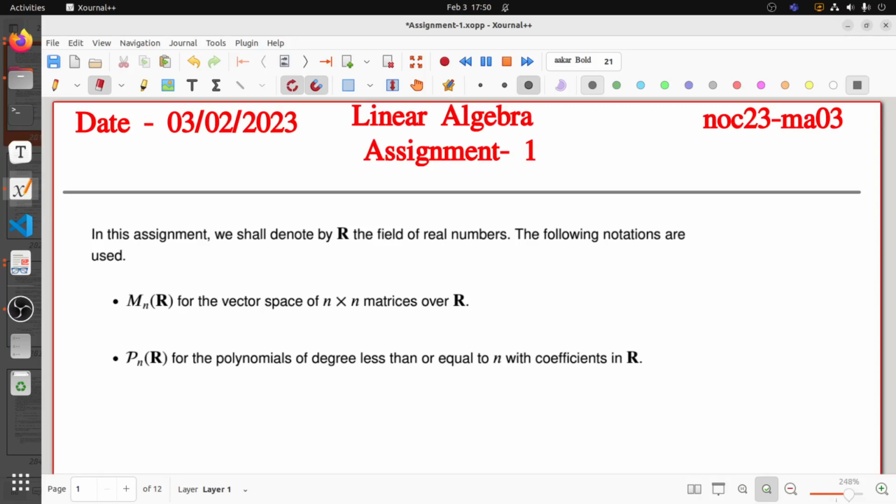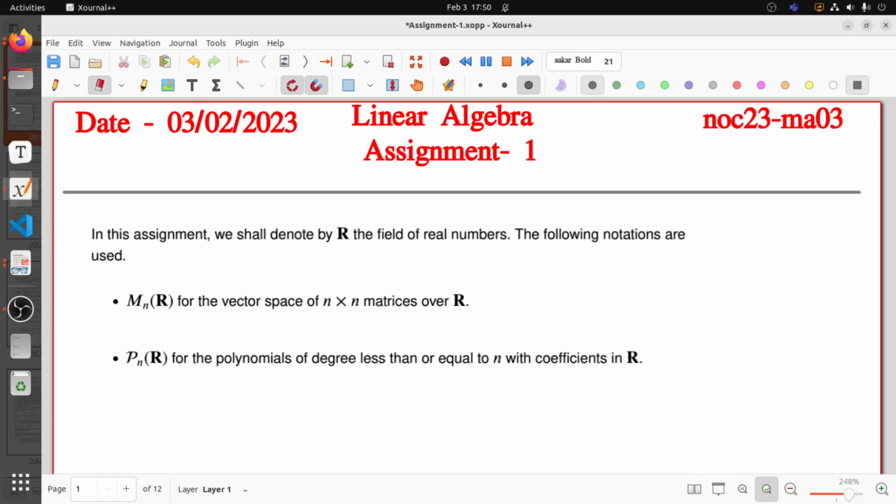What is commutativity for addition? You have to check whether u plus v equals v plus u or not. So this we have to check.